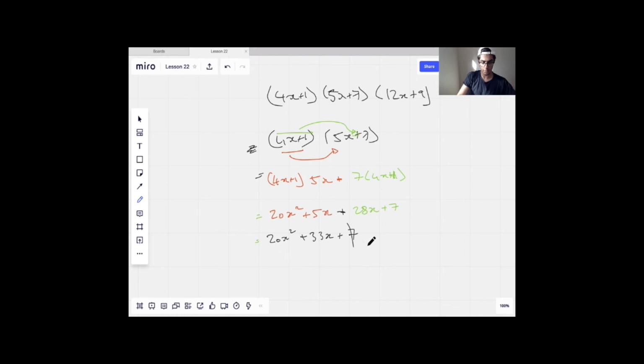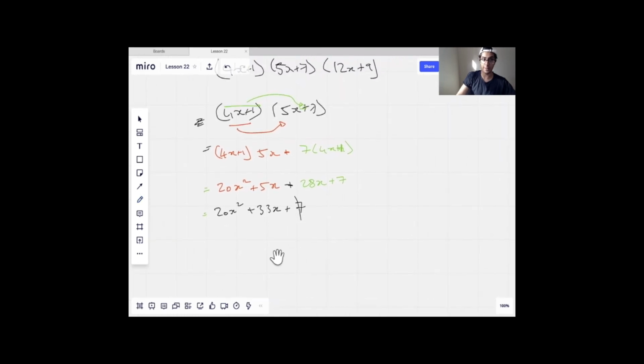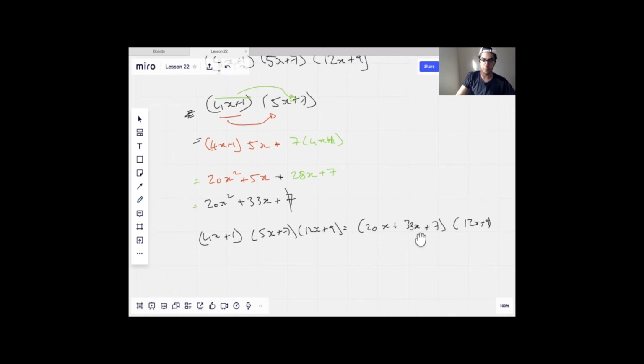Okay, and now we have this original term, so 4x plus 1, 5x plus 7, 12x plus 9 is the same thing, because we expanded this out into 20x squared plus 33x plus 7 times 12x plus 9.